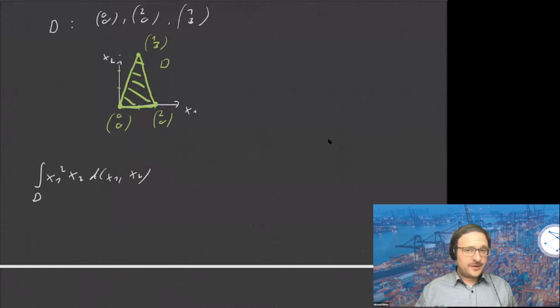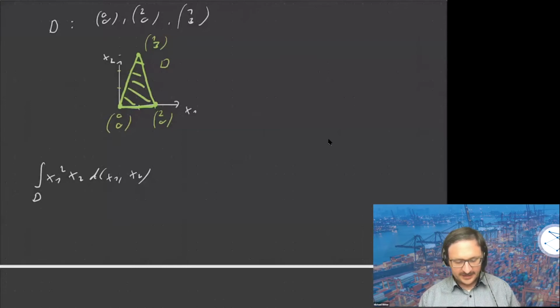So what we have to do here is find a description for D that is suitable for integration. D is not a box, obviously, so we cannot just use integration over boxes. But what we can do is use integration over normal domains. To do that, we need a description of that set D in terms of inequalities. So we'll start with that.